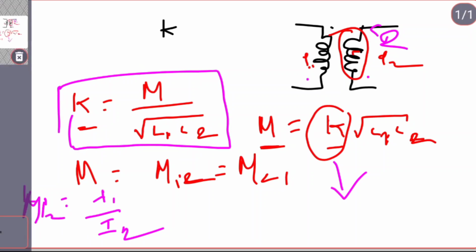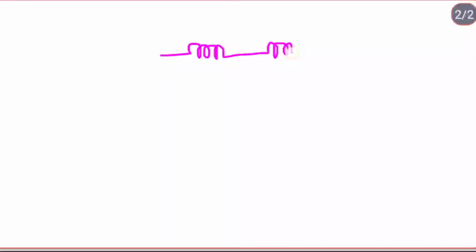And again, when two magnetic circuits are coupled together in series, what is the equivalent inductance between them? Suppose L1 is the inductance of one coil, and L2 is another coil inductance.